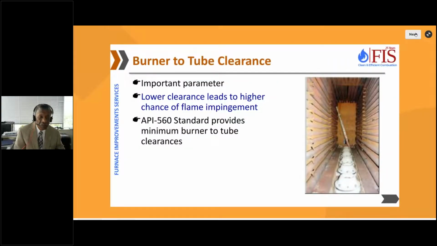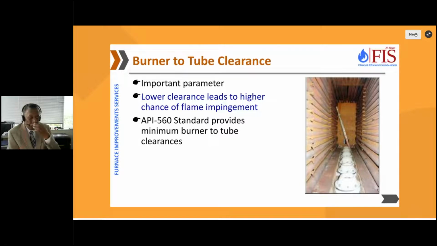So one of the secrets, I should say, of having a good fired heater is to keep your flames away from the tubes. As we learned in the very beginning, radiant heat transfer does not need a medium.